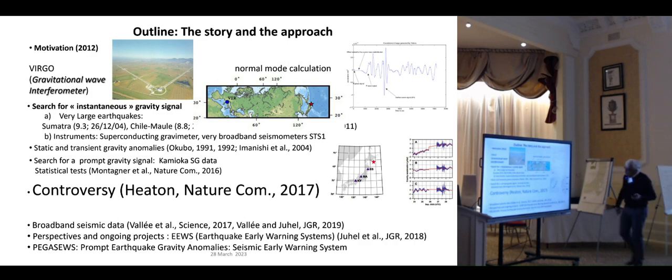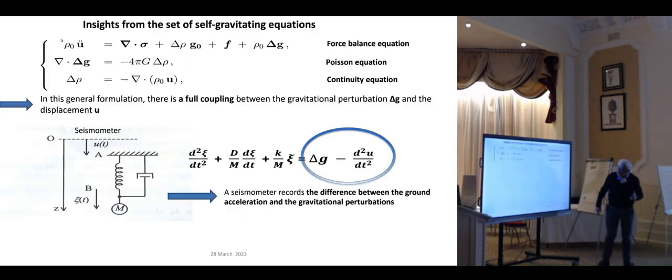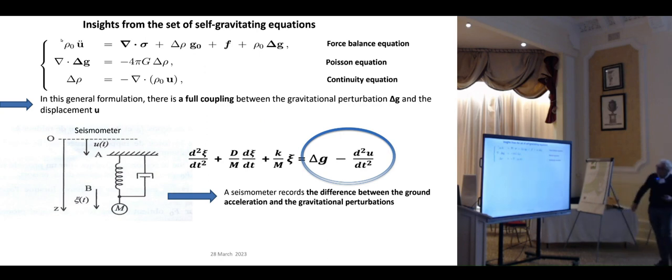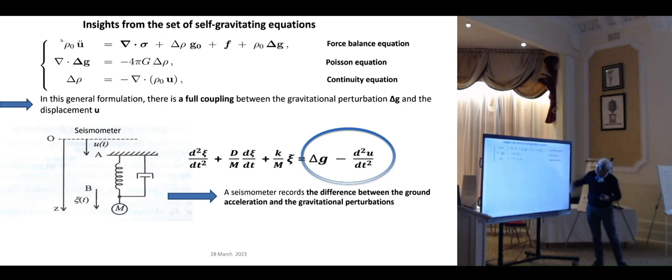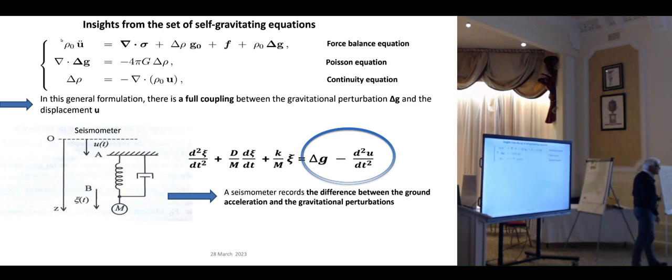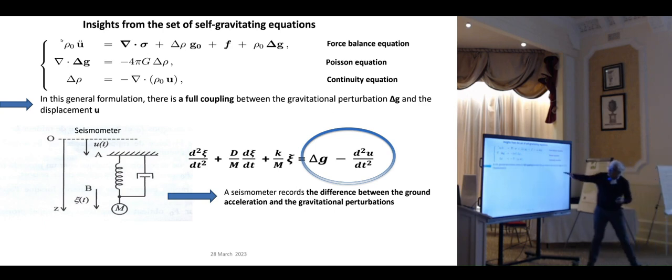What we did, we started to work on the modeling of this signal. I don't want to detail these basic equations. You know, I guess, most of these equations, which can be integrated to solve them. But what is important in these 3 equations is that we have a full coupling between the gravitational perturbation and the displacement u.